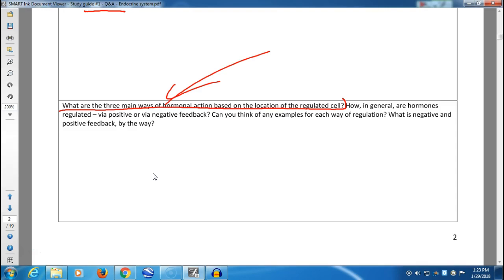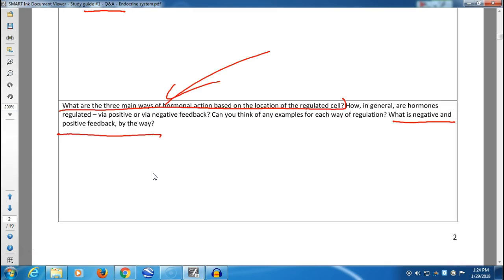When I say negative and positive feedback, by the way, I'm not going to ask you what negative or positive feedback is on the exam, but you have to be able to recognize one if it pops up in a question.